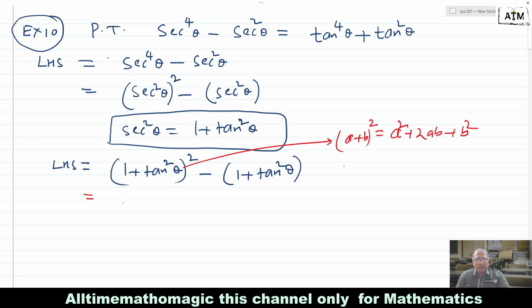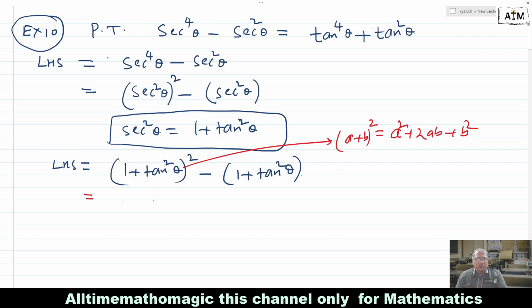The reason is that they are very poor in algebra. Now here, if you don't know the a plus b whole square formula, you won't be able to perform this problem. Therefore, make your algebra strong, then only your trigonometry will remain strong. Otherwise, you can't become the master of trigonometry.